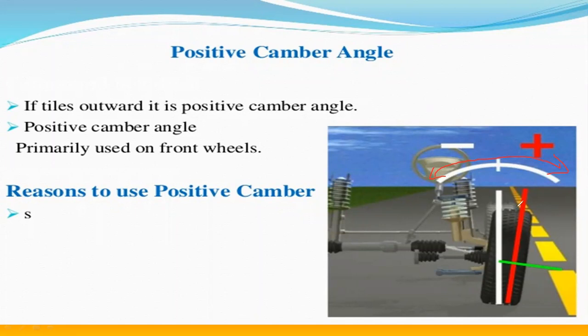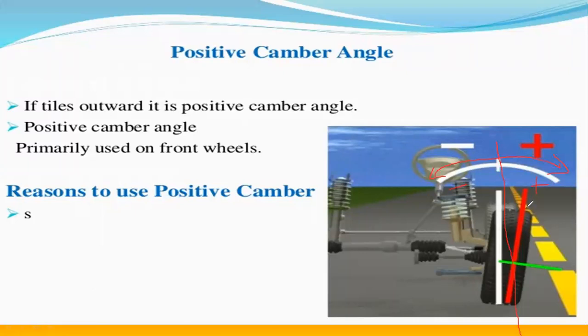The wheel alignment is in the vertical direction. In this direction, I am indicating the positive sign, and the other side is the negative sign. The right side is the positive side and the left side is the negative side.